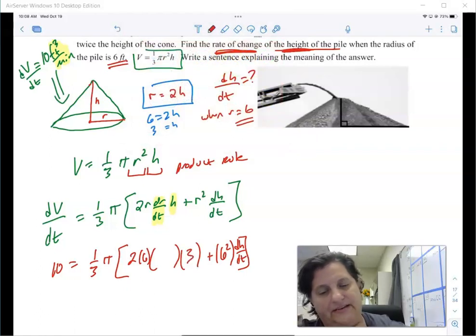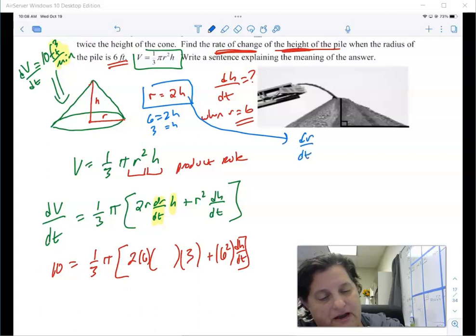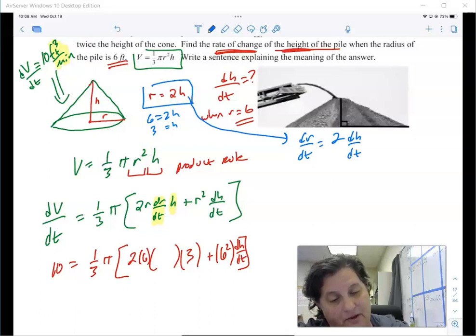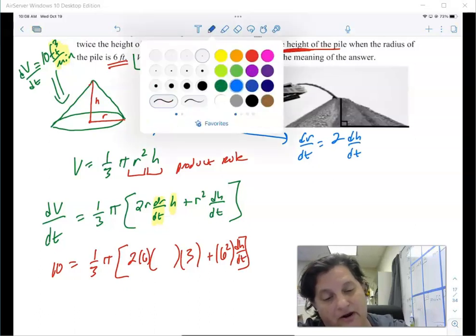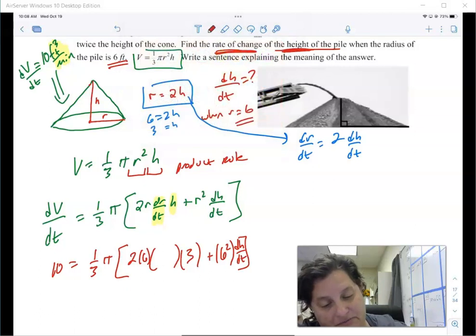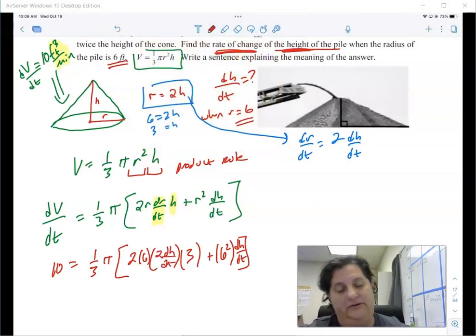And then how do I find dr/dt? Well, let's take this and take a derivative of it with respect to time. dr/dt equals 2 dh/dt. All right? So what I could actually do right here for dr/dt is plug in 2 dh/dt, because I don't know what dh/dt is.